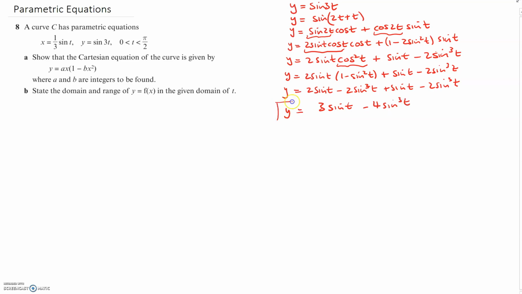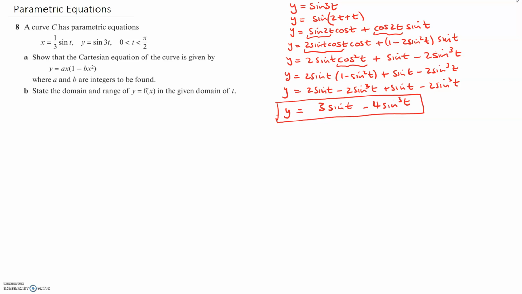Right, I'm going to put a box around that because we've done a lot of hard work and we found an expression for y. Now this is very, very useful because I've broken away that 3t angle and turned it into a t angle.